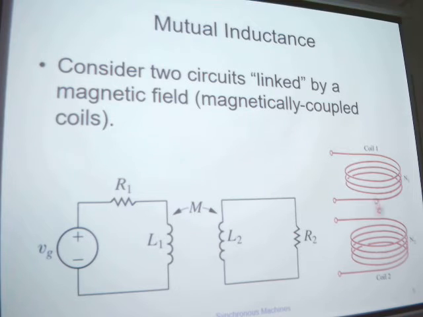If the two coils are near each other and the distance between them is short, there will be mutual inductance between them. We also call them magnetically coupled coils because the distance is short.